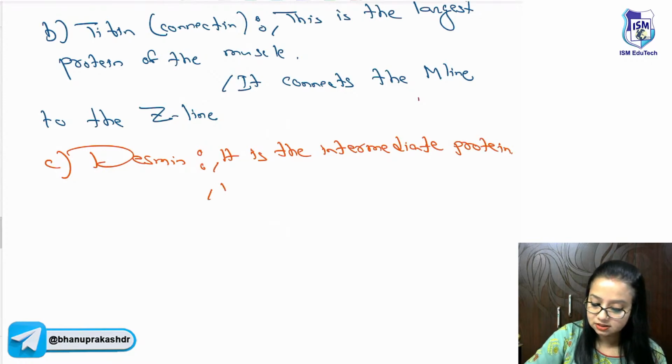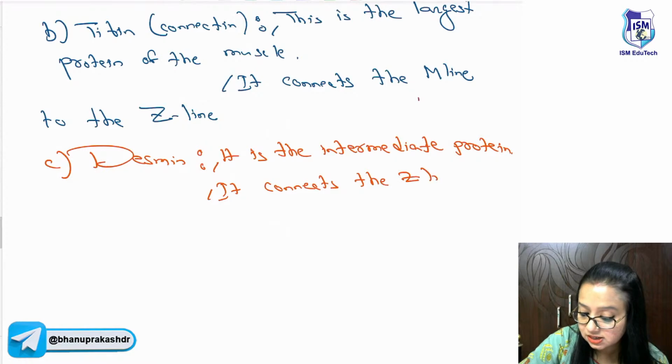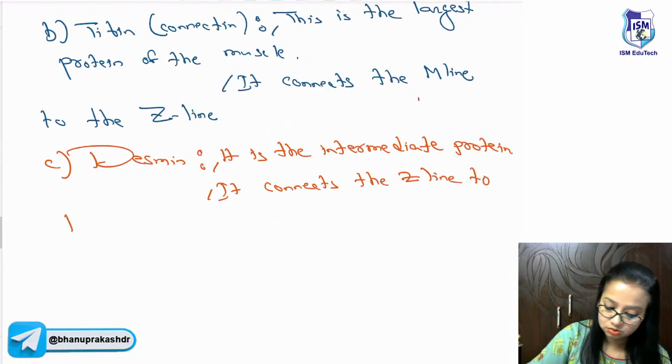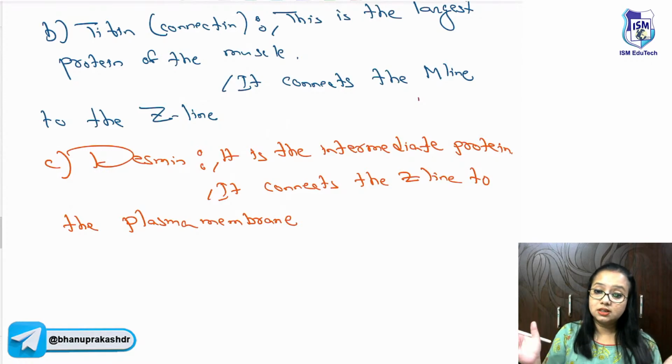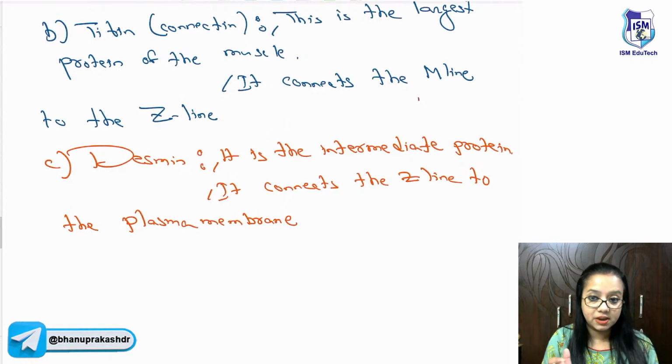What it does, it connects the Z line to the plasma membrane. So during the shortening of the I band, during contraction, it does not get torn or distorted because of these elastic proteins, the titin, the desmin, they keep them integrated.